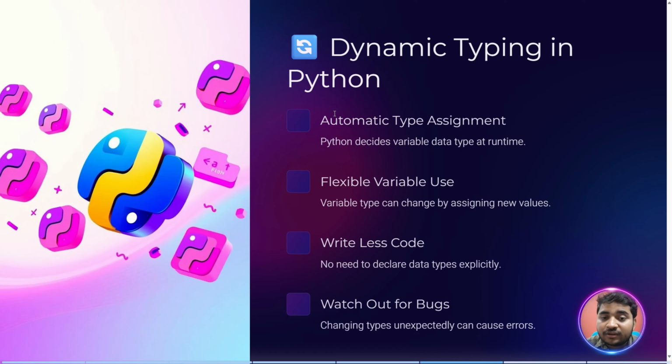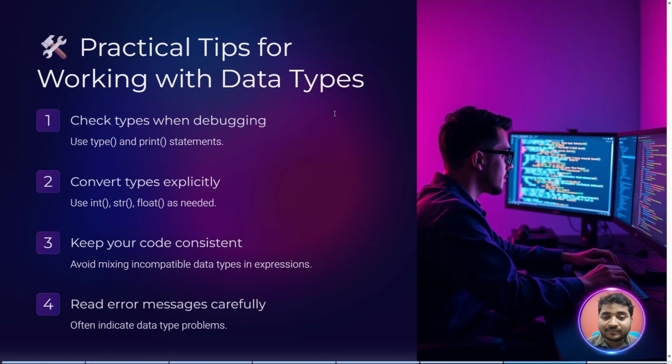It also ensures that we are not choosing an incorrect data type. Python is going to do that task, you don't have to worry about it. In this case we have to write less code because Python is doing half of the work. And it's very important that you're checking for bugs.